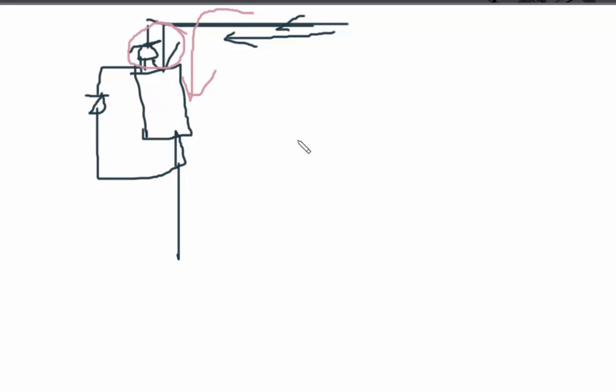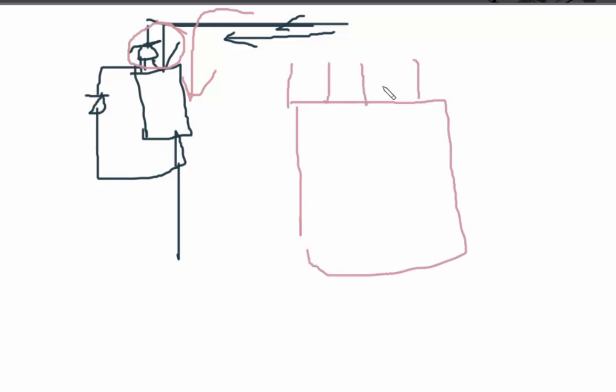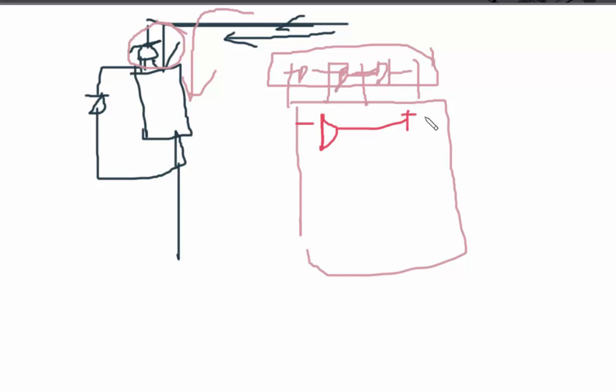So generally a solar panel contains three anti-parallel diodes. These diodes are present in the junction box, and basically two blocking diodes it contains.